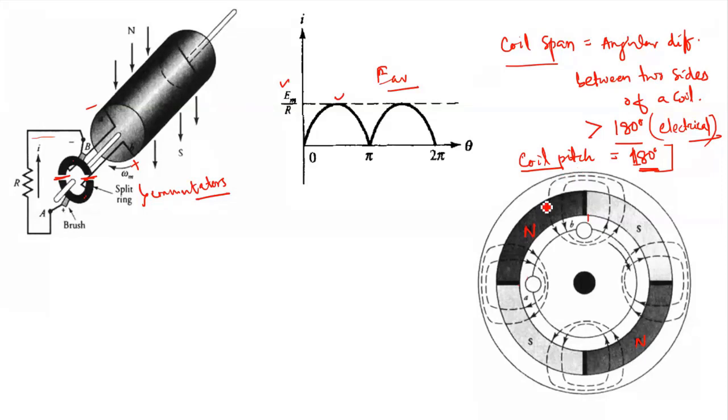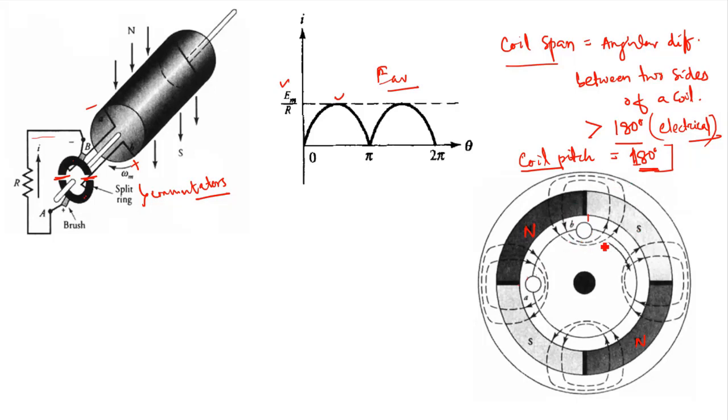Okay. So now when this kind of arrangement is there, if I rotate the rotor and the coil rotates simultaneously, what will happen under that condition? How will the EMF look? Under this condition, the flux linkage is maximum, right?